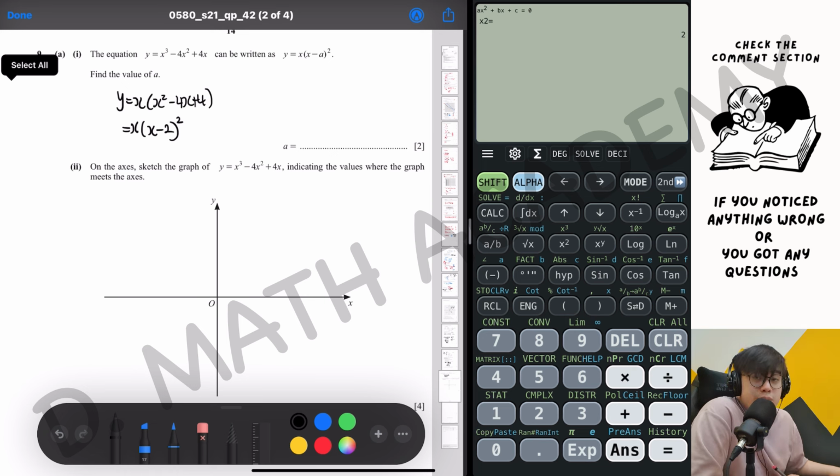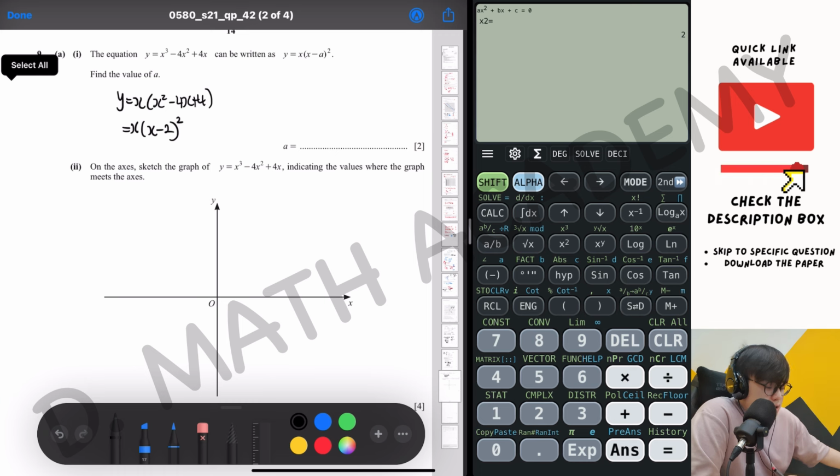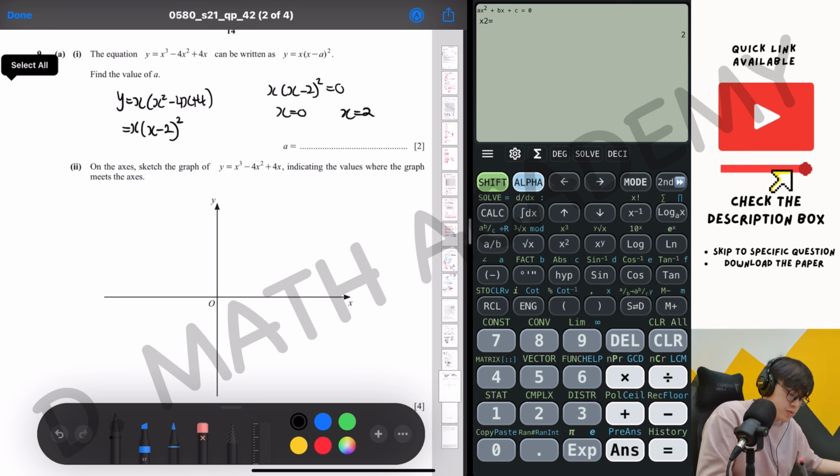So this will be your final answer for your A here. And they were asking you to plot it out. Okay, so you will have intersection when you make it equal to 0. So you have x equals 0 as well as x equals 2. Okay, so your answer is here.